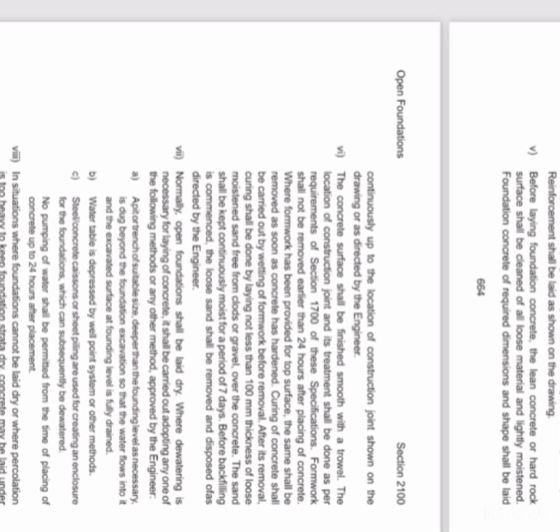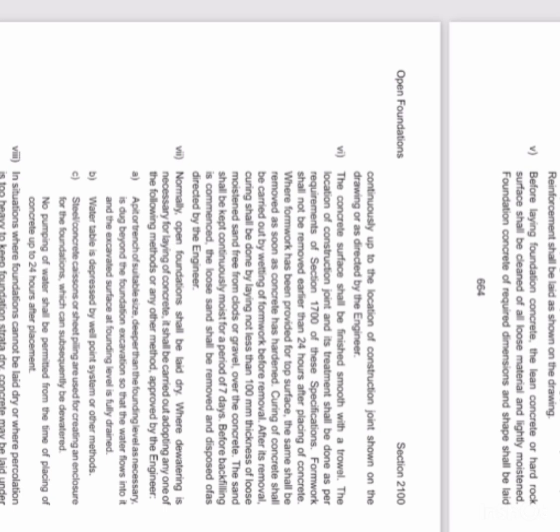Before laying foundation concrete, the lean concrete or hard rock surface shall be cleaned of all loose materials. Lightly moistened foundation concrete of required dimension and shape shall be laid continuously up to the location of construction joint shown on the drawing or as directed by the engineer.